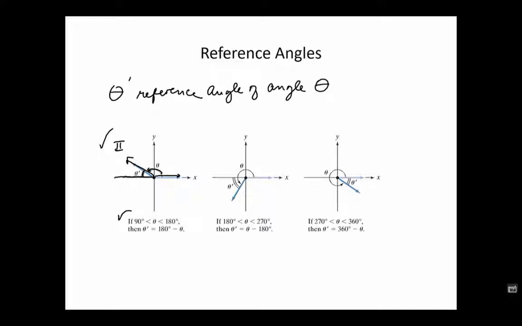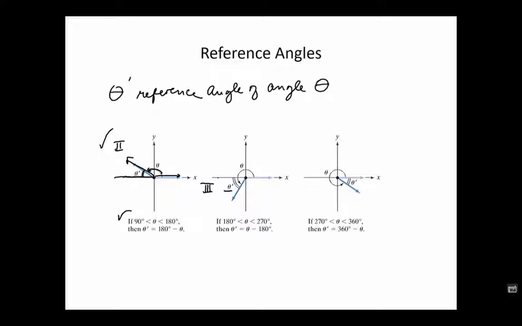Now if theta lies in quadrant 3, the first thing we want to do is to draw the angle theta in standard position. So theta has been drawn in standard position. The terminal side of angle theta is in the third quadrant. So the reference angle is going to be the measure of theta minus 180 degrees.